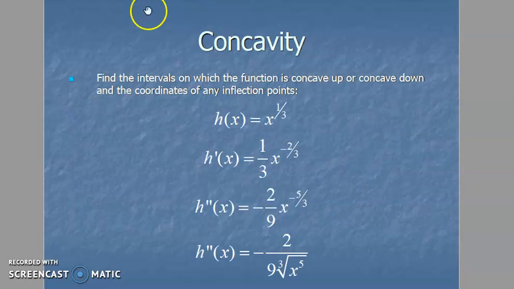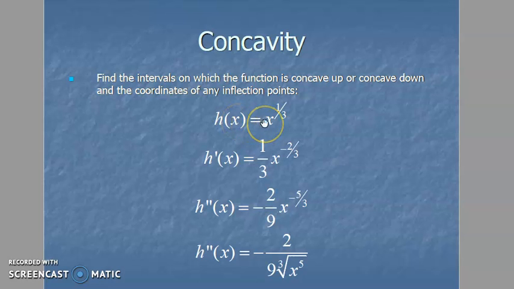And the next example is, so in this example, the second derivative is either 0 or undefined at an inflection point. So this is an example where the second derivative is undefined at the inflection point. So you need to find the intervals on which the function is concave up or concave down, and the coordinates of any inflection points.